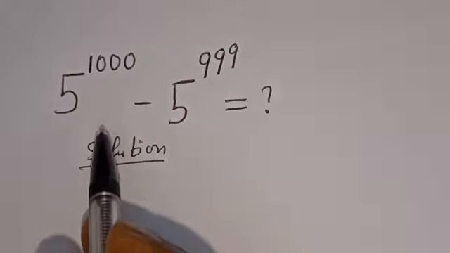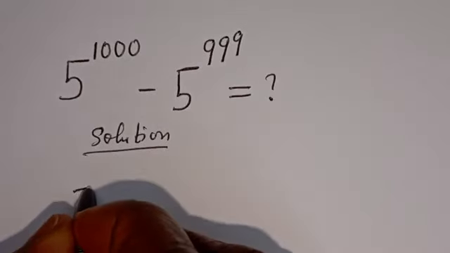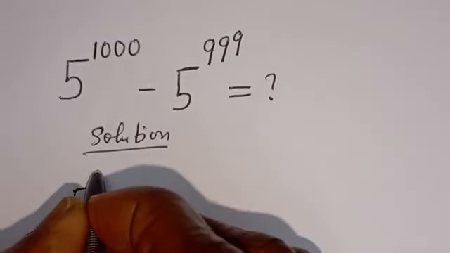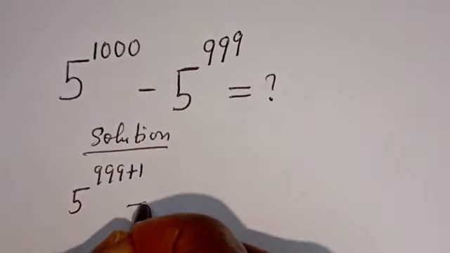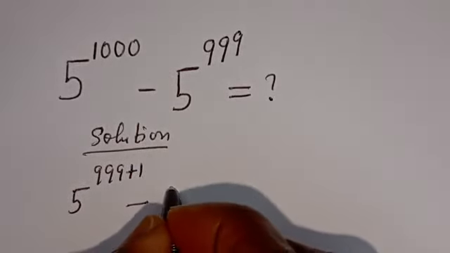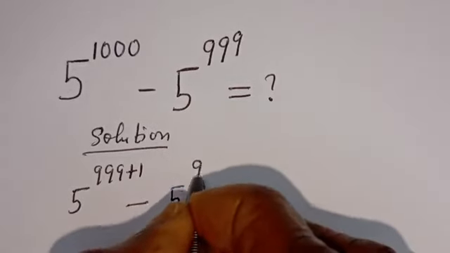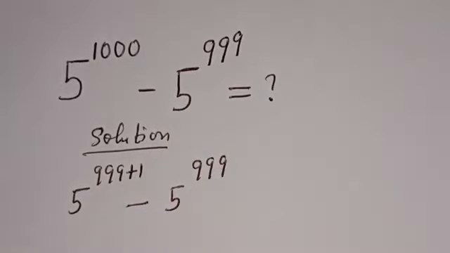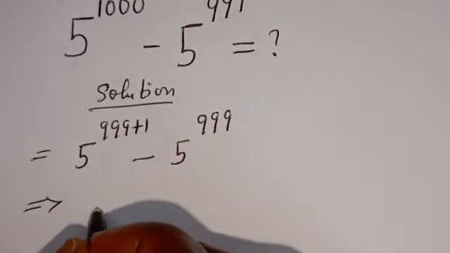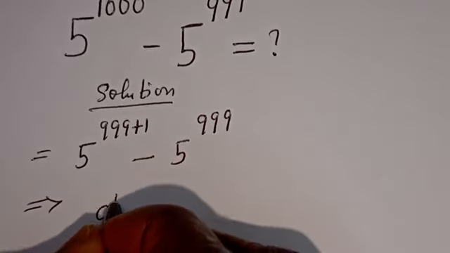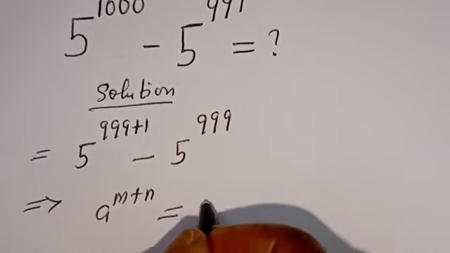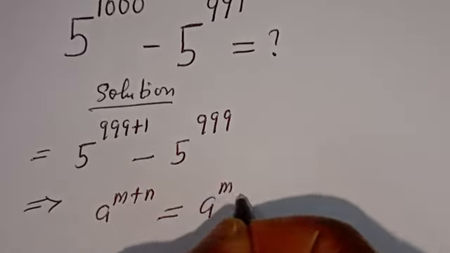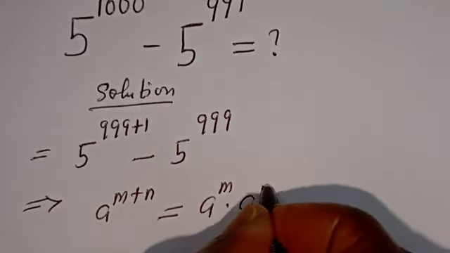5 to the power of 1000 can be written as 5 to the power of 999 plus 1 minus this is 5 to the power of 999. Take note of this, that if you have a to the power of m plus n, this is equal to a to the power of m multiplied by a to the power of n.